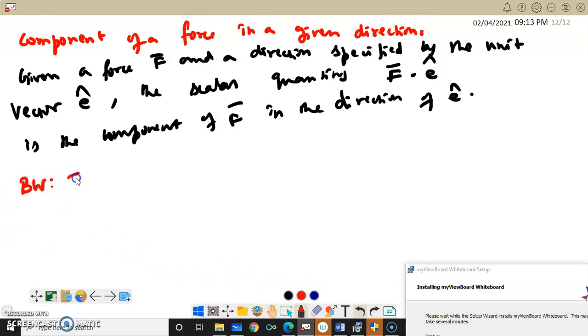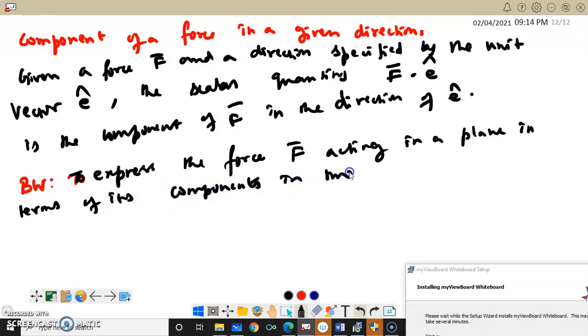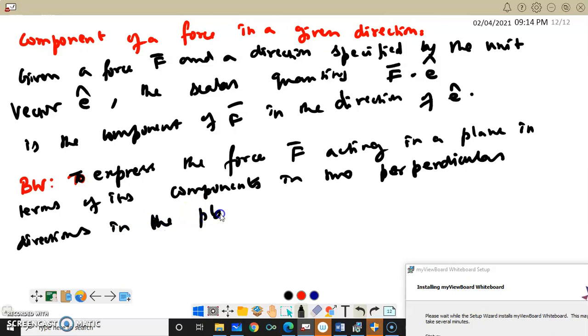This bookwork is nothing but to express the force F vector acting in a plane in terms of its components in two perpendicular directions in the plane.